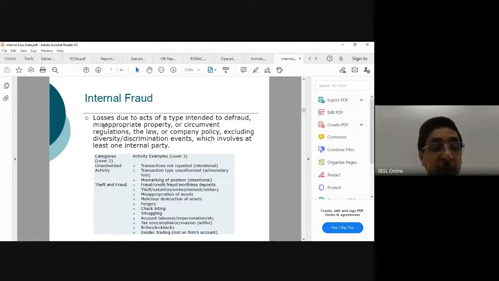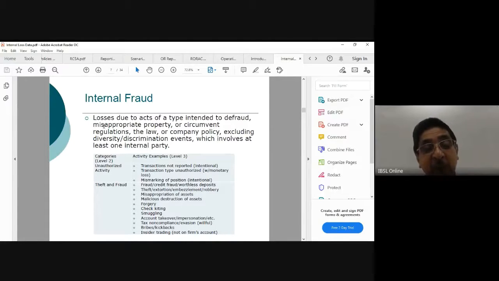Now, what are the types of unauthorized activities explained here? One is transactions not reported. There has to be a report on different transactions. If you have overdrawn an account, you have to report it. If you have not reported it, that is intentional. You intentionally did not report it.